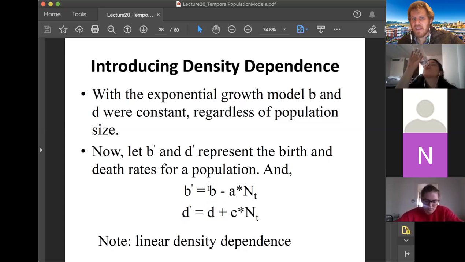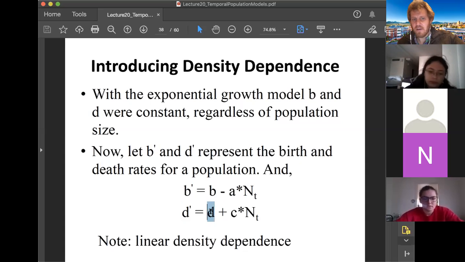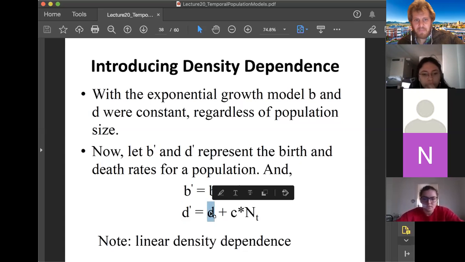So when the population size is 0, B represents the per capita birth rate. When the population size is 0, D represents the per capita death rate. This is going to be highest when the population equals 0. This is going to be the lowest when the population equals 0.